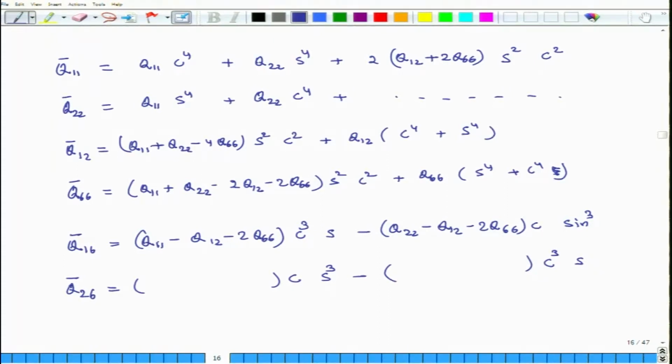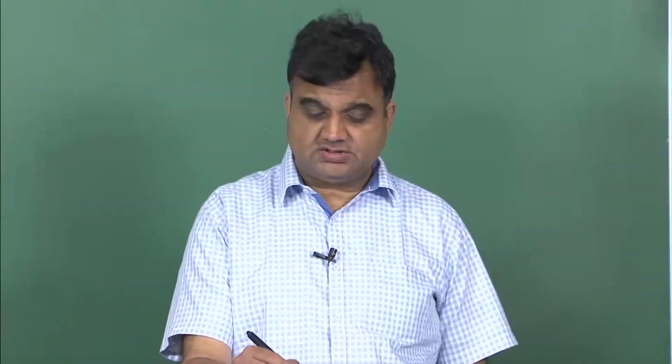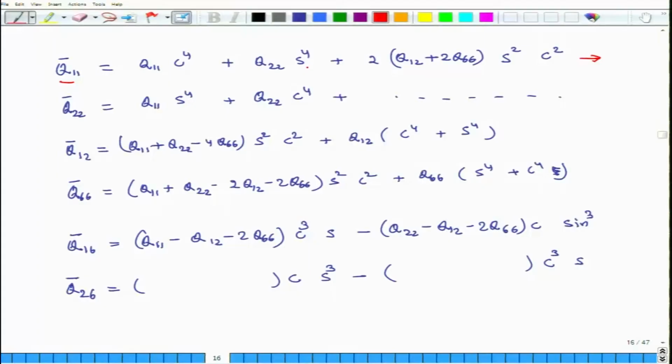So, we will make some more observations based on these relations. What we see here is Q11 bar is an even function of theta. What is an even function? If I make theta negative theta, cosine of negative theta and cosine of theta are the same. Sine of positive theta is equal to negative sine of theta, but this is sine to the power of 4 and sine to the power of 2.